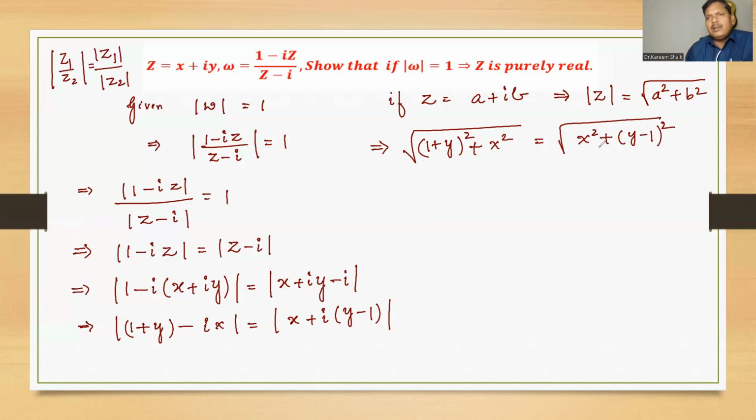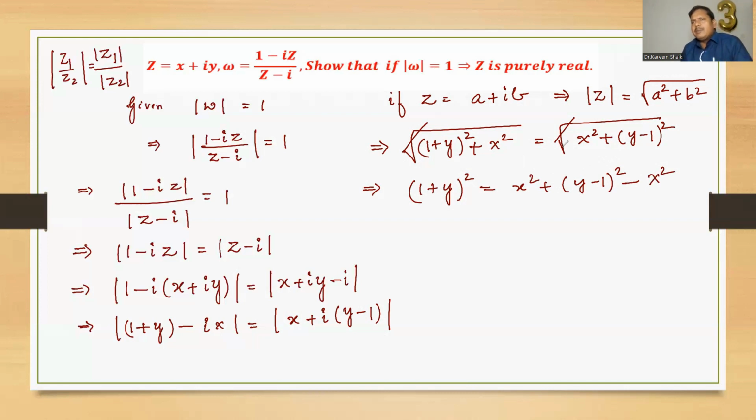Now, squaring on both sides, or we can directly cancel the square root and square root on both sides. So we got (1 plus y) whole square equals x square plus (y minus 1) whole square, minus x square. Here the positive x square, I just transferred from the left side, so it becomes negative.